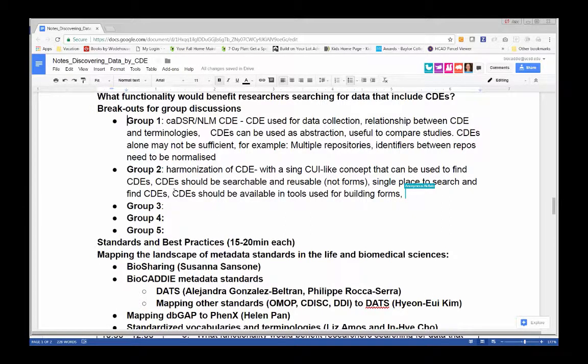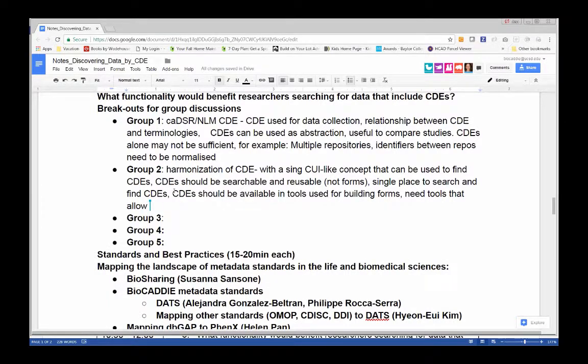And it might not be perfect, but we felt like having that ability to just upload your designed form and get a report back about the conformity to the CDE is a good idea.